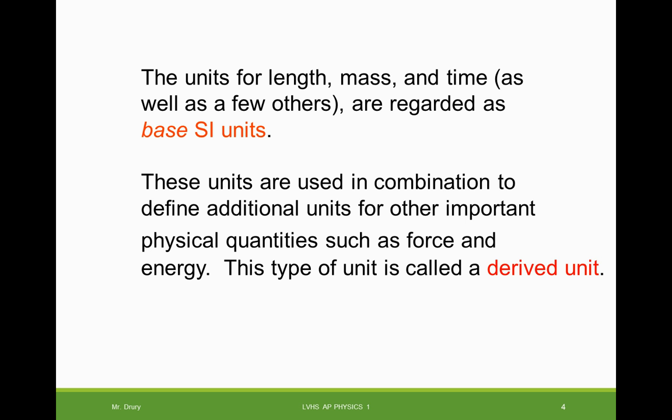For example, if you take length and divide it by time, you would get a derived unit for velocity. Boy, that looks really bad, but you get the idea.